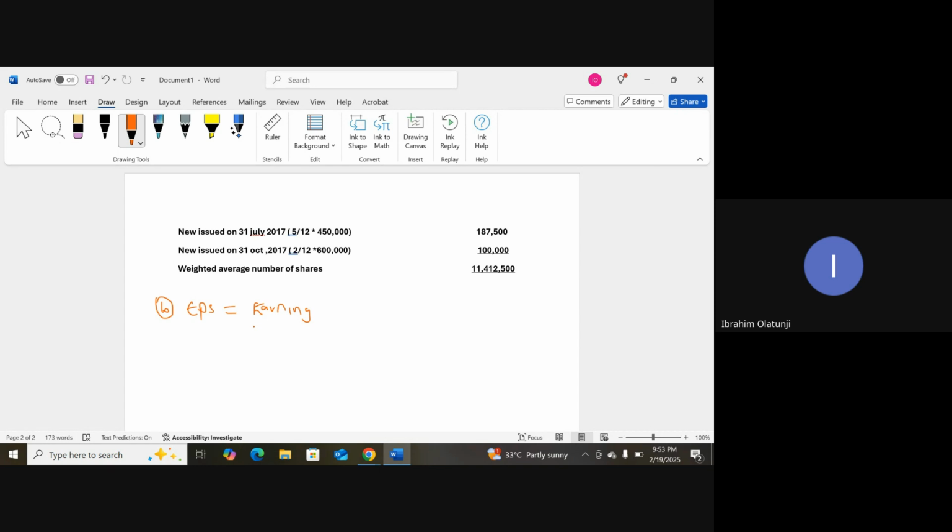So if the examiner is giving you profit after tax, it's the same thing as earnings, but they now said and a preference dividend. So earnings less preference dividend.